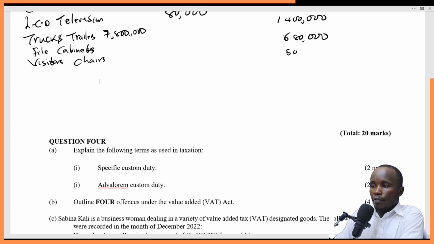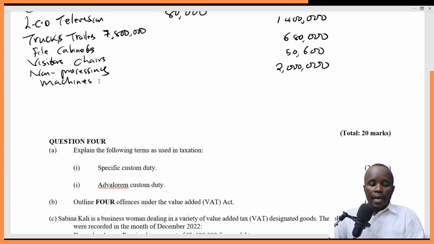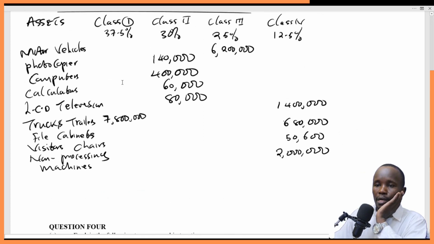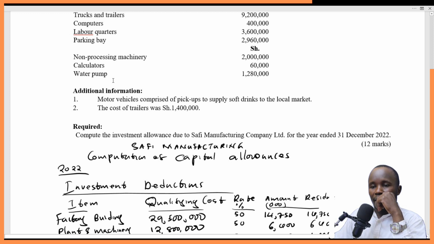And then we have non-processing machine. This one is not used for the purpose of manufacture, so they cannot be investment deductions. They are brought here in class 4, 2 million. I think I've captured all the items as they were provided: water pump, calculator, non-processing machine, parking bay, computers.